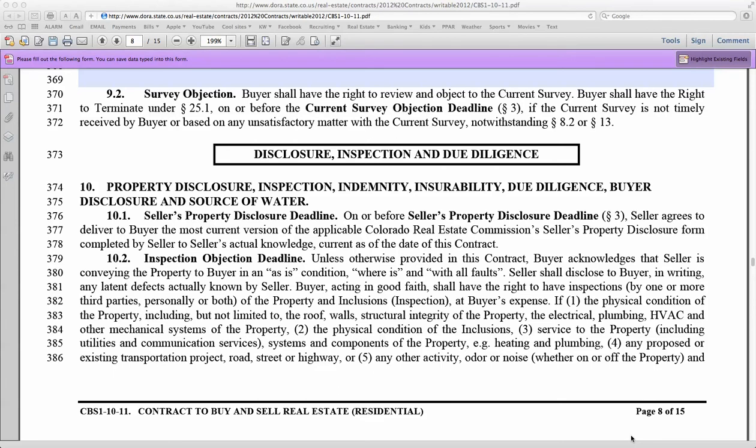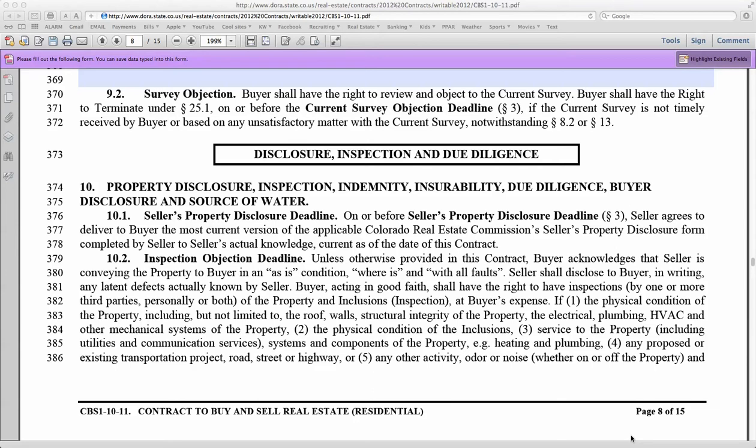10.1, seller's property disclosure deadline. By signing this document, the seller is agreeing to deliver to the buyer the most current version of the seller's property disclosure form that has been completed by the seller to the seller's actual knowledge.